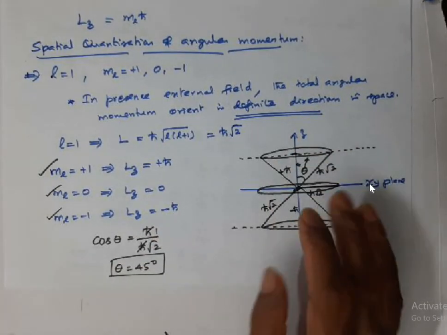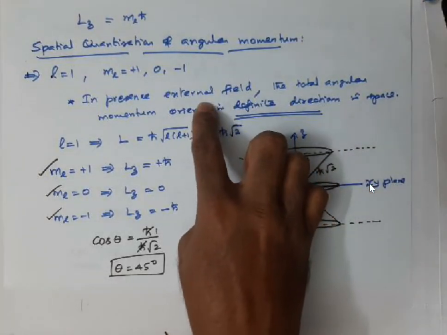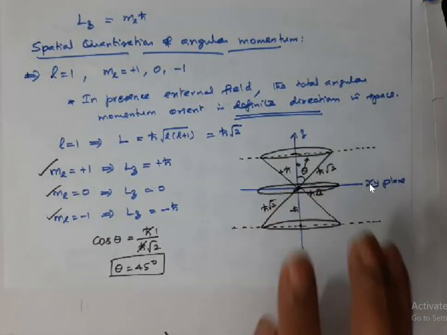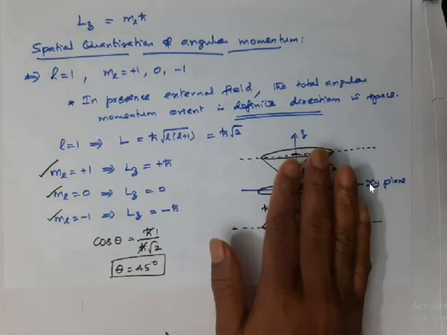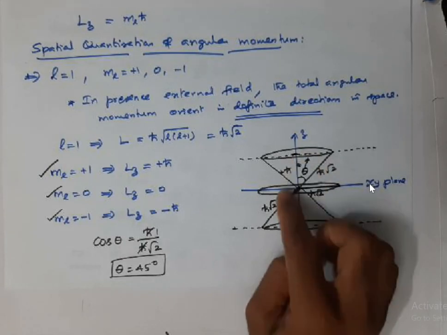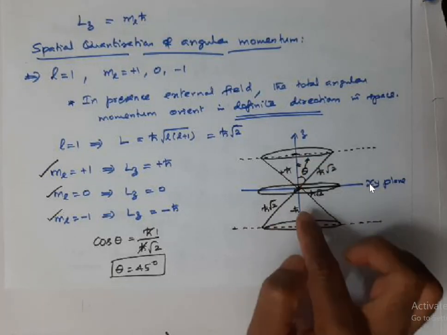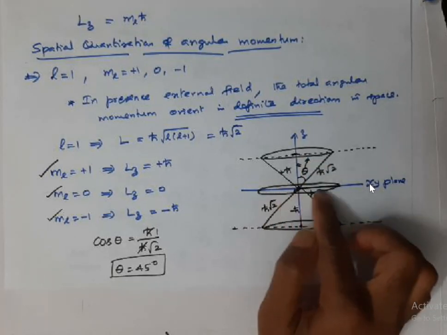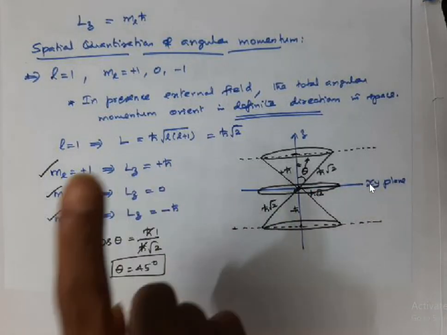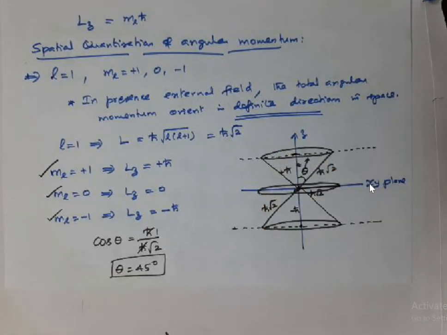These different orientations exist only in the presence of an external field. If the external field is switched off, then the total angular momentum exists in any one of these shapes, either the upward cone, the downward cone, or the middle circular plate. But it never precesses. It remains silent in any one of these shapes.